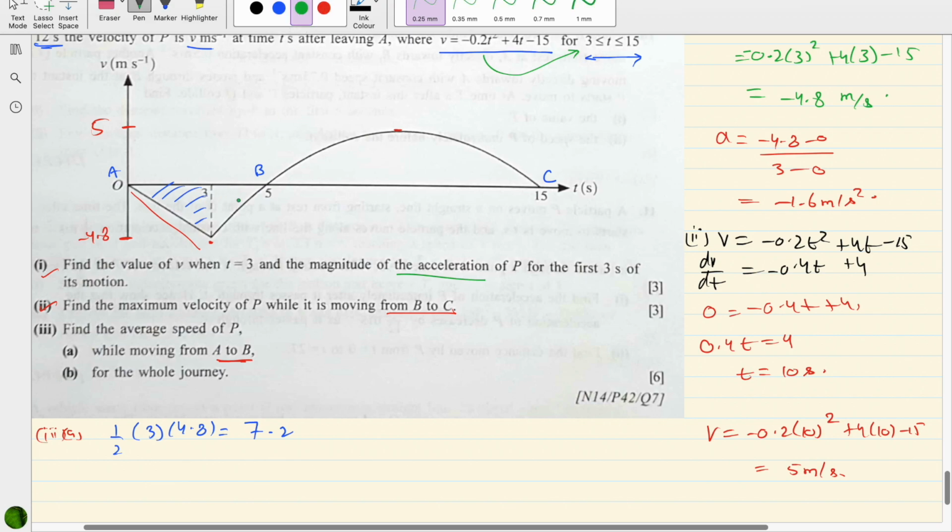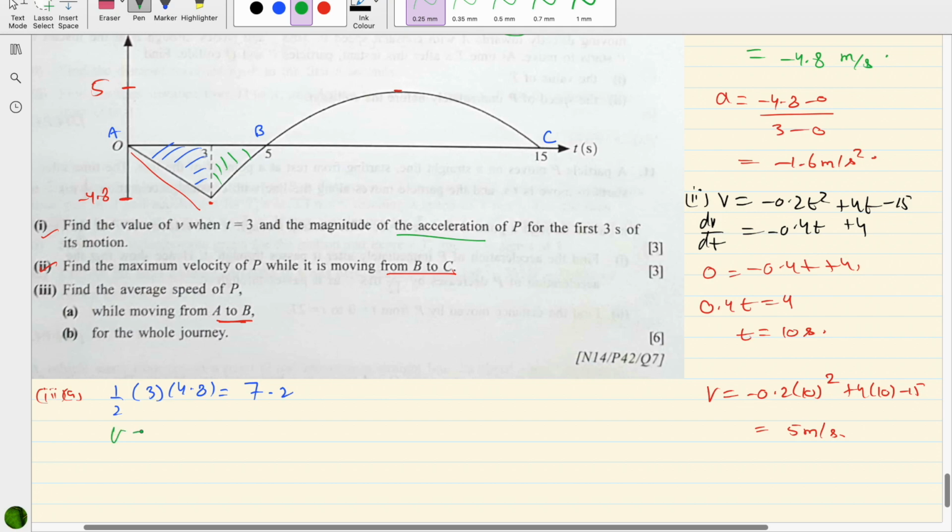Now for this section shaded in green, we have the equation of velocity equal to negative 0.2 t square plus 4t minus 15, and the mnemonic was SVA: displacement time, velocity time, acceleration time. From velocity time we need to integrate to get the displacement.